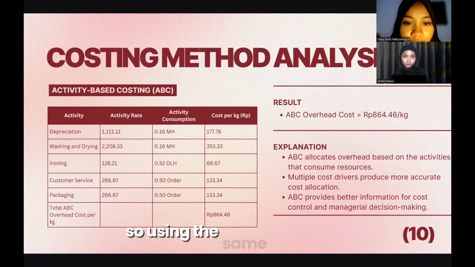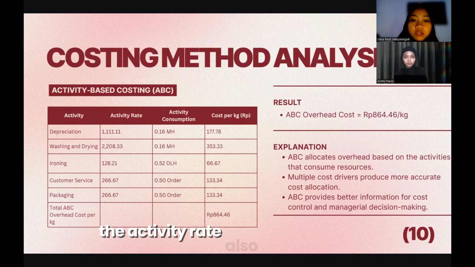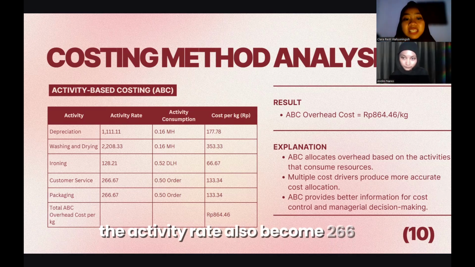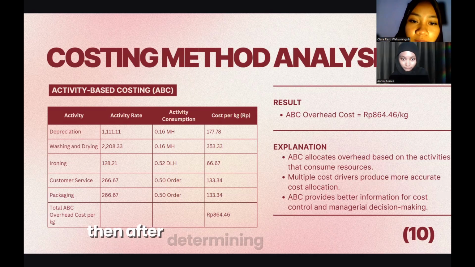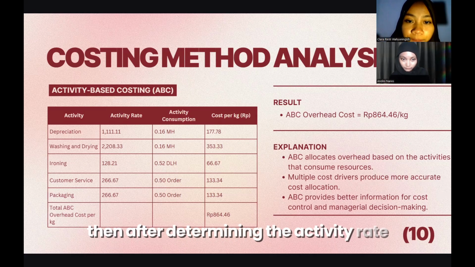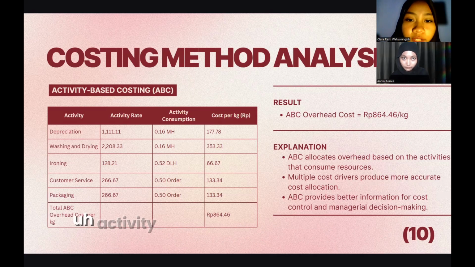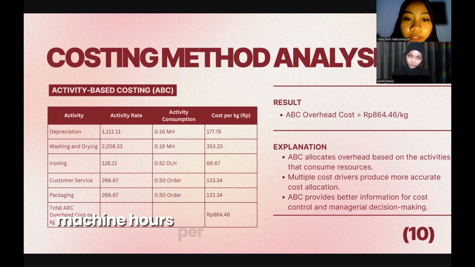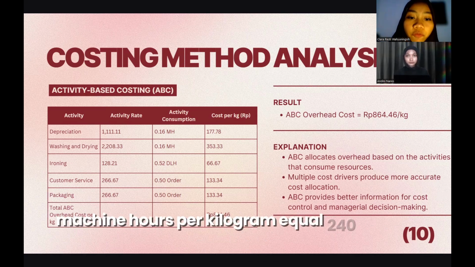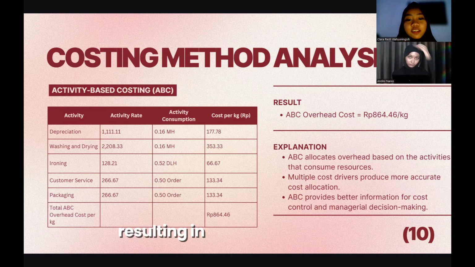Using the same 750 orders, the activity rate also becomes 266.67 rupiah per order. Then after determining the activity rates, activity consumption per kilogram was calculated. Machine hours per kilogram equal 240 divided by 1,500, resulting in 0.16 machine hours.